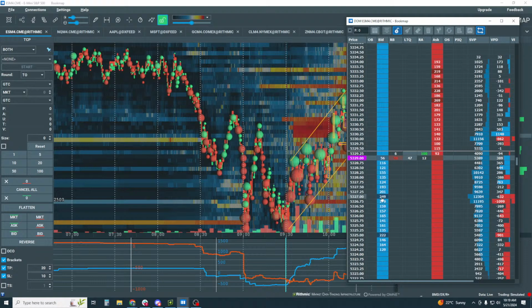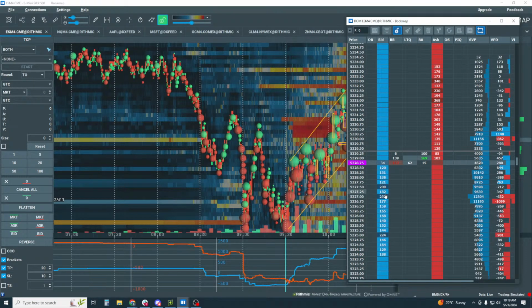It shows you the liquidity on the bid, on the offer, etc. But there's no historical reference. This is just the here and now. And if you're scalping for a few ticks, or trying to understand deeper levels of liquidity down on the bid or up on the offer, yeah, you can get that insight.